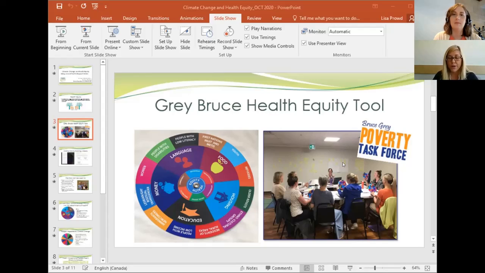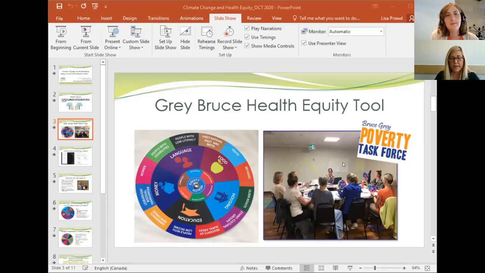Several community partners from a variety of sectors were involved in the creation of this tool, and key components of the health equity tool were identified as a result of focus groups, research, and local data. So the action group saw this tool as an opportunity for service providers, organizations, and advocacy groups to really inform discussions about health equity and the impacts of social determinants of health on vulnerable populations.